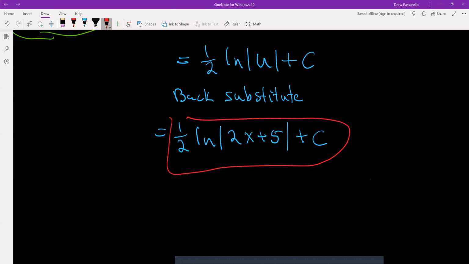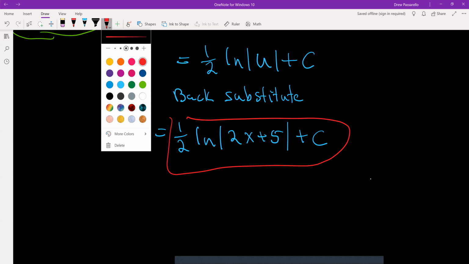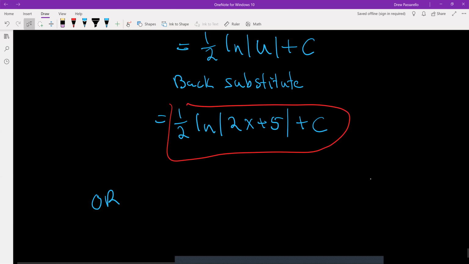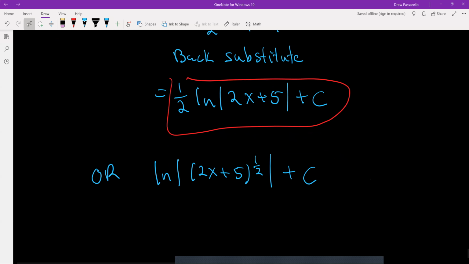Or you could rewrite it, because we know raising something to the 1/2, so using logarithm rules, you could write this first as the natural log of, and then 2x plus 5 raised to the 1/2. And then raising something to the 1/2 is the square root.